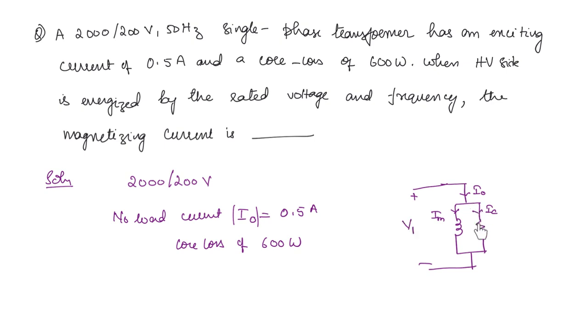Now if the core loss is given, what is the core loss? V1 into IC, right? So V1 into IC is equal to 600 and what is V1? It is 2000, right? So the core loss current you can find as 600 divided by 2000. This you are going to get as 0.3 amperes.